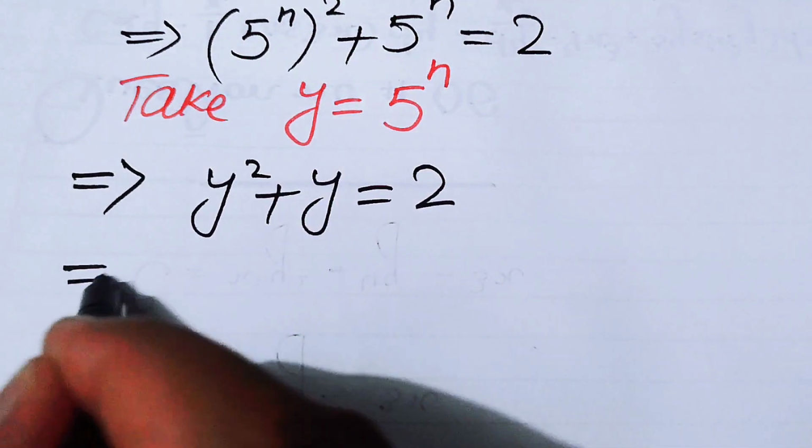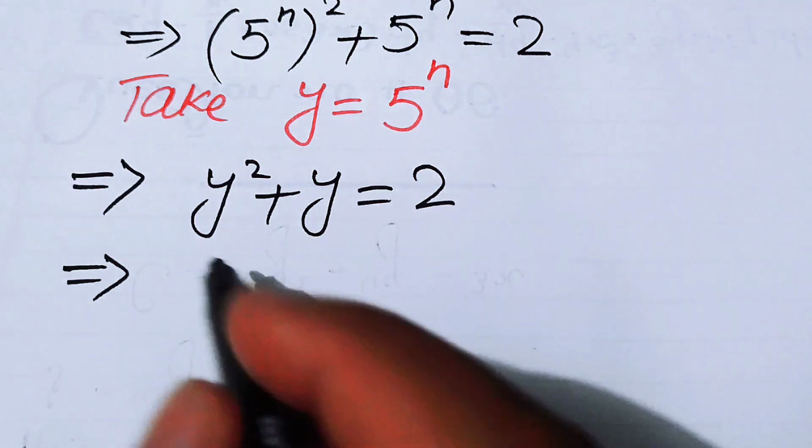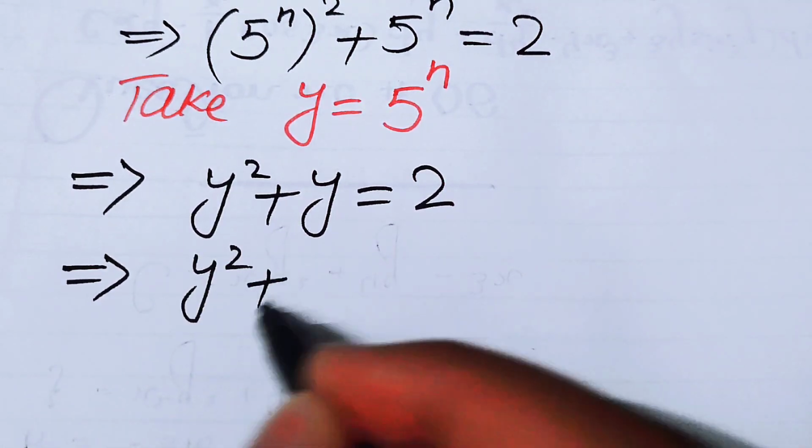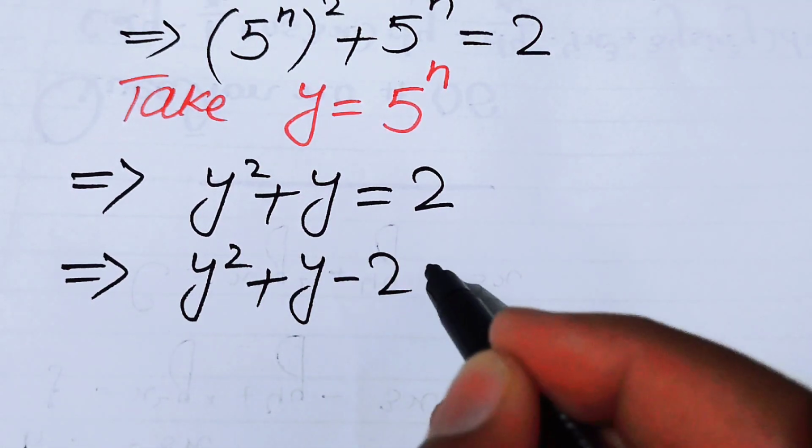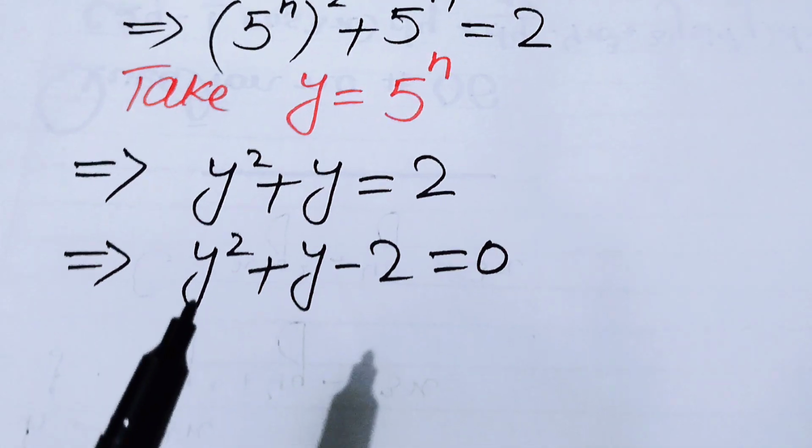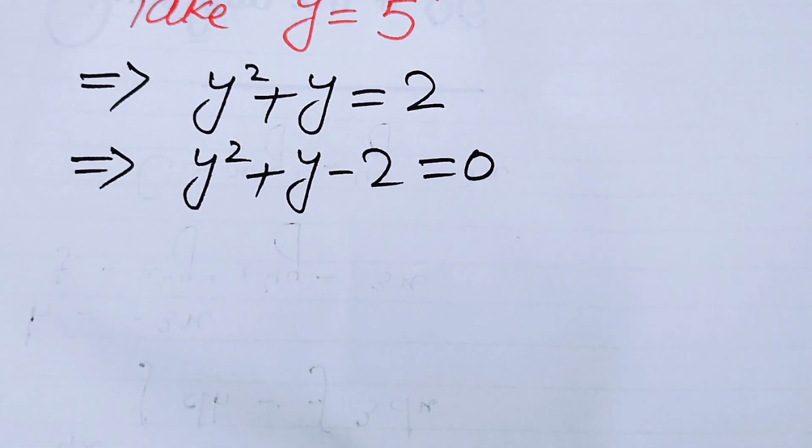Now we move 2 to the left hand side, and you get y squared plus y minus 2 is equal to 0. Now this is in quadratic form, and here we will make the factors of this quadratic equation.